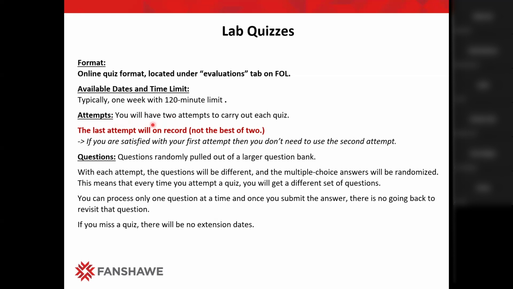Usually I give 2 attempts, but the last attempt goes on record, not the best of 2. The questions are chosen automatically out of a larger question bank, and every time you open the test you get different questions, so 2 attempts give you 2 different sets from the same question bank.